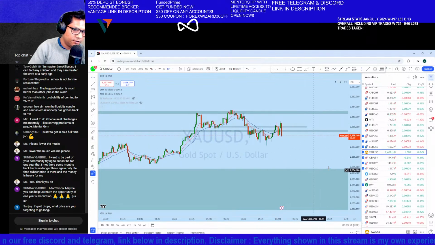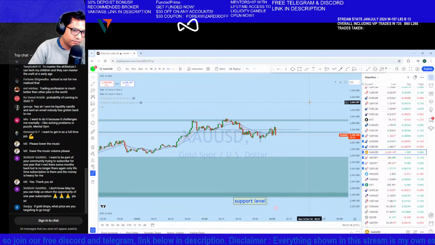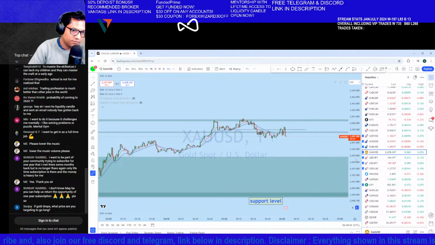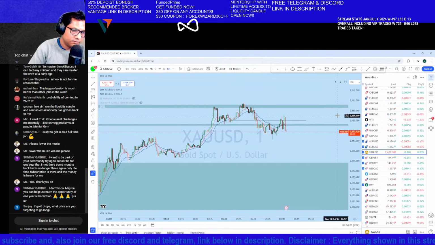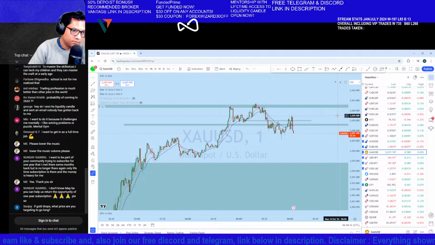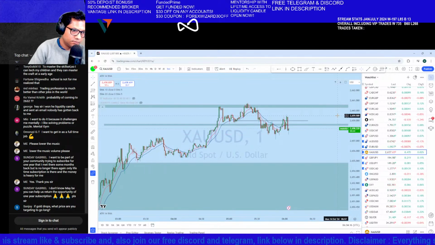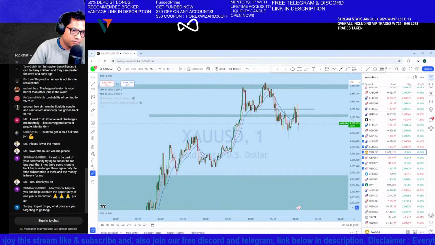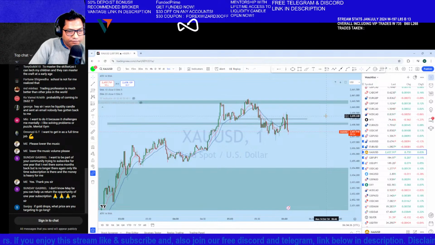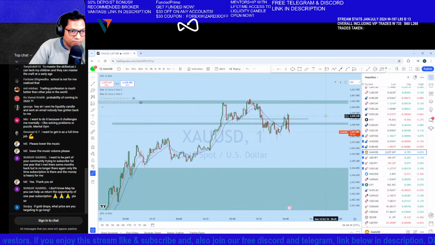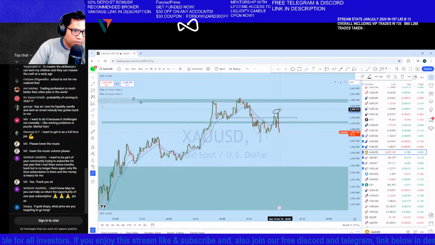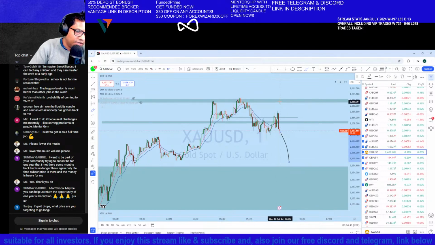From here it started to break. After back-to-back two attempts to grab liquidity, we have seen the market manage to break below.